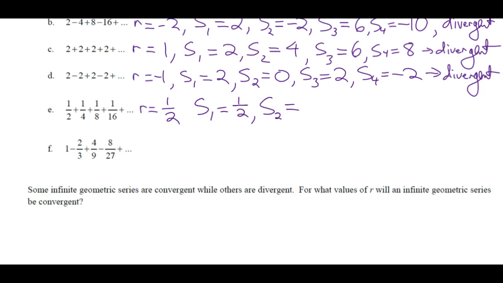What's S2? 2 minus 2 is 0, plus 2 is 2, right? So it's going to go 2, 0, 2, 0, 2, 0.